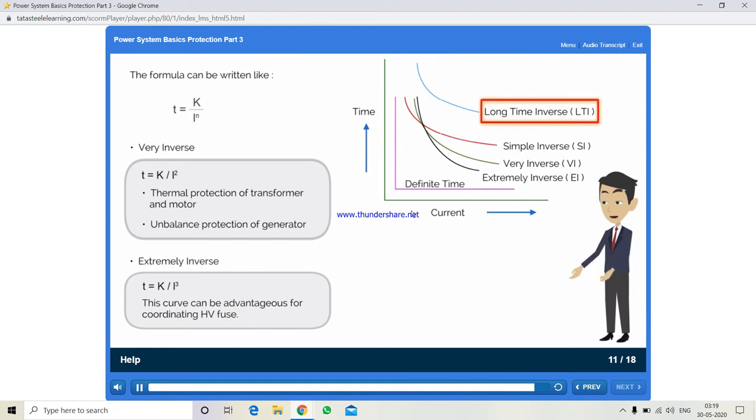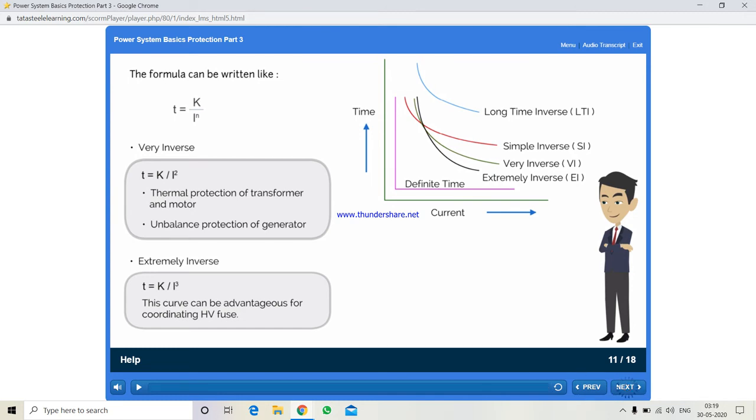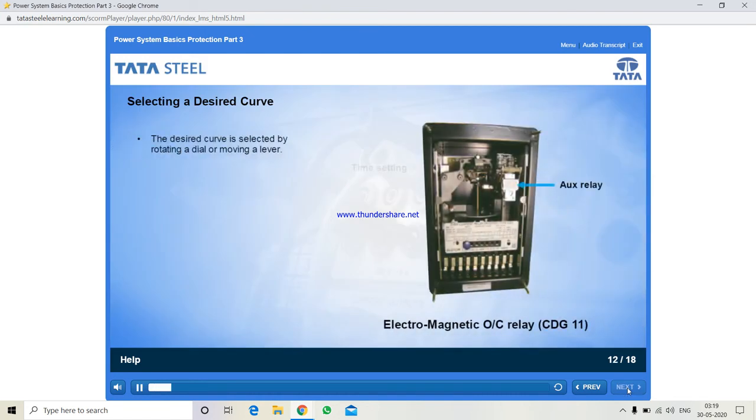Next, we shall look at how to select a desired curve when setting time. In the time setting, the desired curve is selected by rotating a dial or moving a lever.